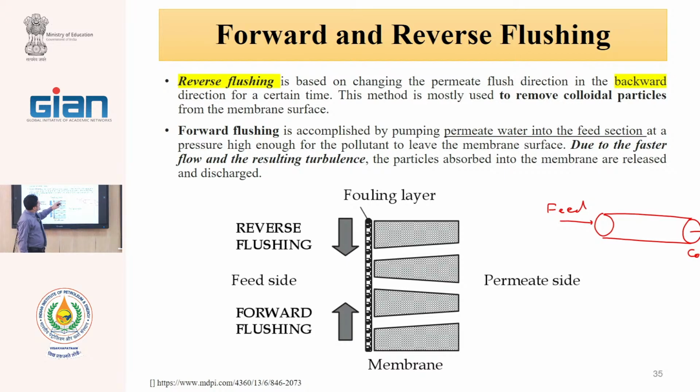Okay. In the forward wash, we close the feed valve and open the wash valve. With opening of the wash valve, forward, parallel to the feed, it is cleaned. But in the reverse, we have this side. We use the washing from the concentrate side to the feed side.